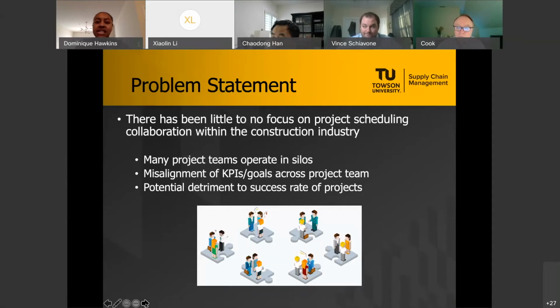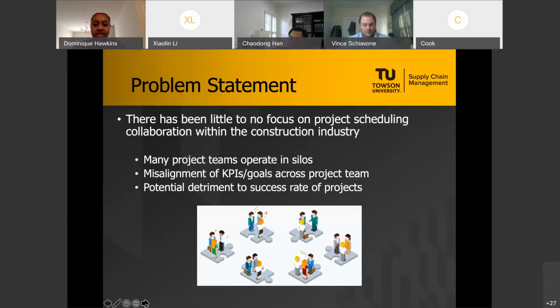But for that example and for all other lean scheduling methods, it doesn't necessarily ensure that there's good team collaboration. Another part of the problem is that when there's no project team collaboration, there's a lot of misalignment of KPIs or goals across the project team.